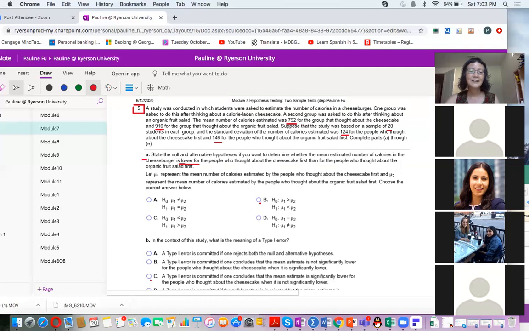Let mu1 represent the mean number of calories estimated by the people who thought about the cheesecake first, and mu2 represent the mean number of calories estimated by people who thought about the organic fruit salad first. Choose A, B, C, D. Which one is correct? Pay attention to this keyword: lower.